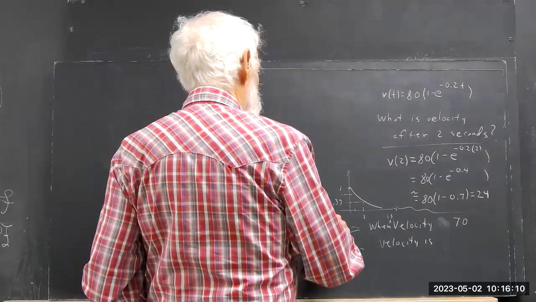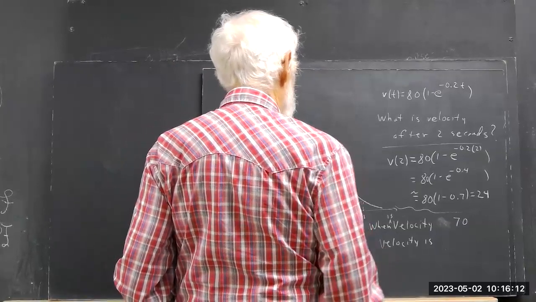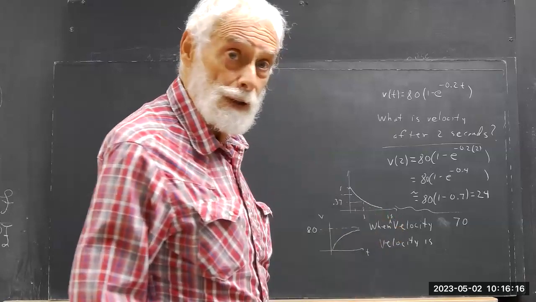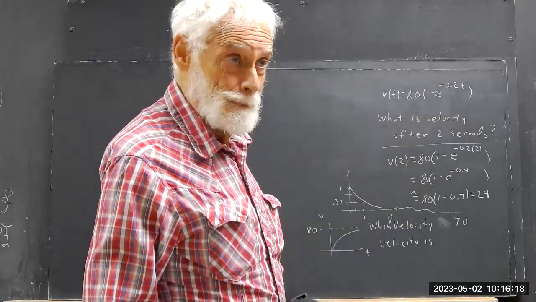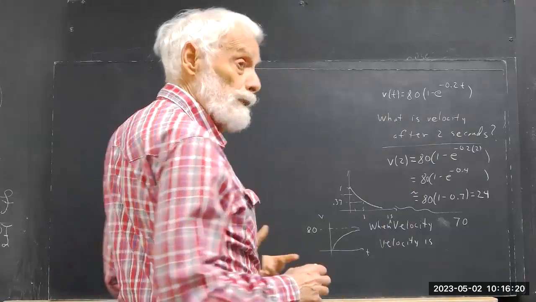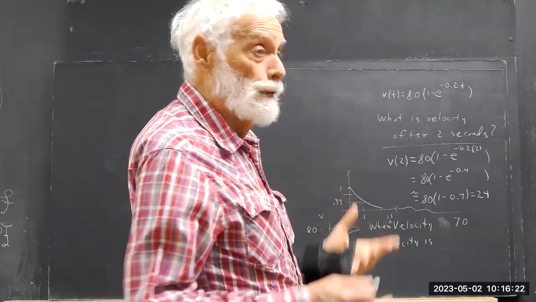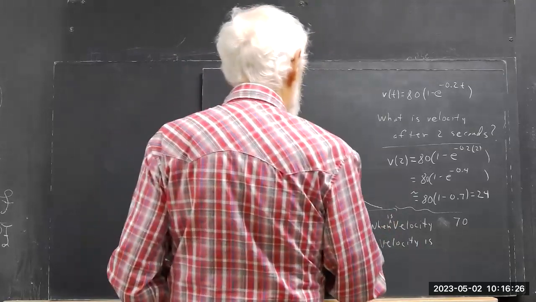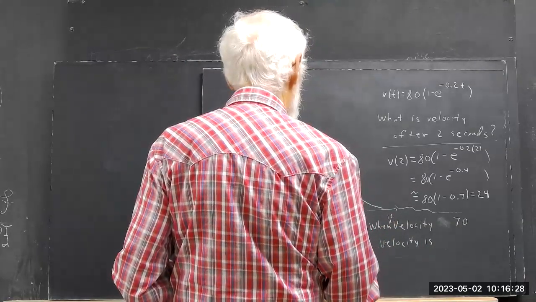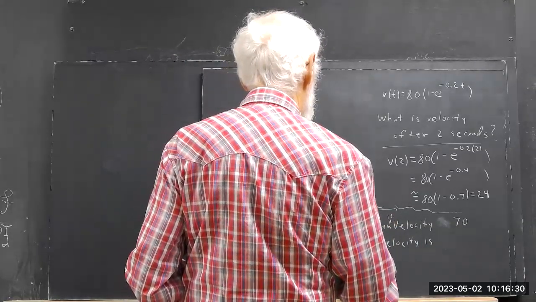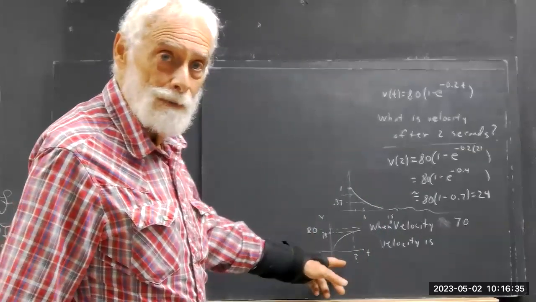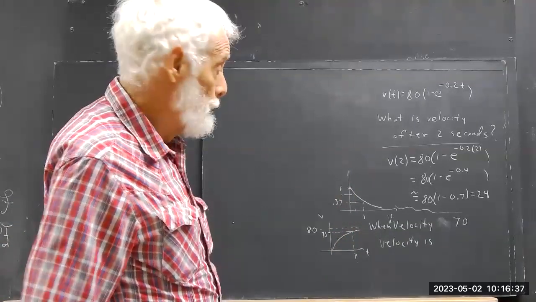Here's D, here's P, and here's A. Velocity approaches 80 asymptotically. Not too hard to understand. You can jump out of a few airplanes, you get the idea. Okay, you want to know when the velocity is 70, right? So that's kind of a picture of what you've got.